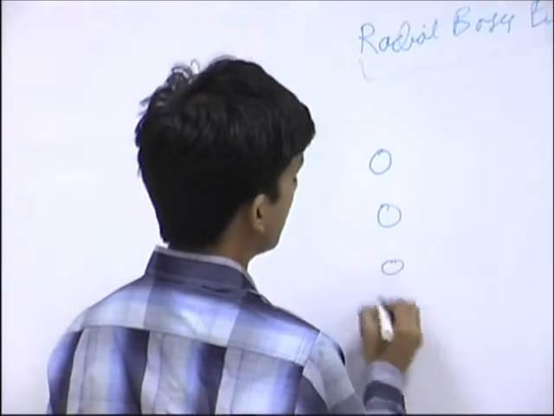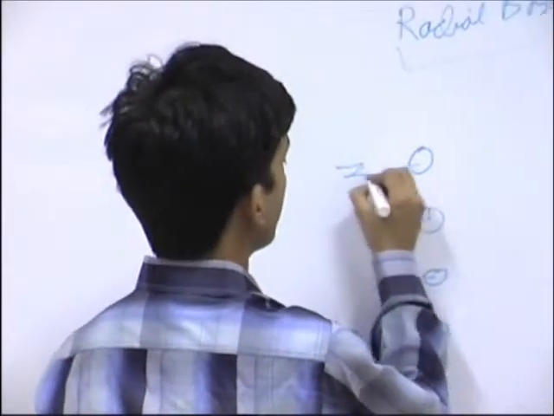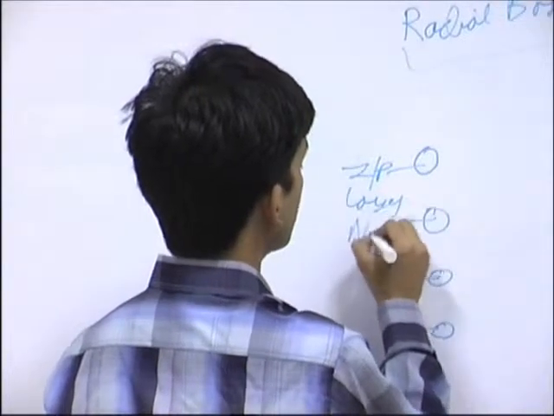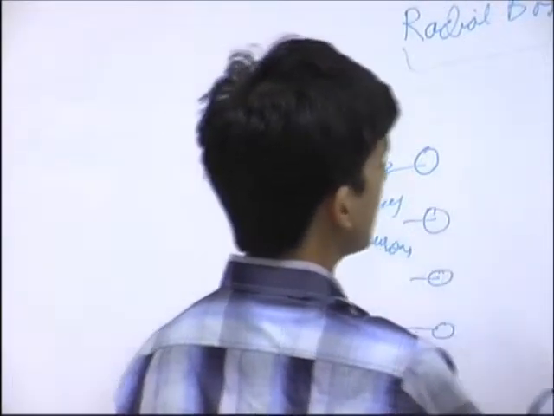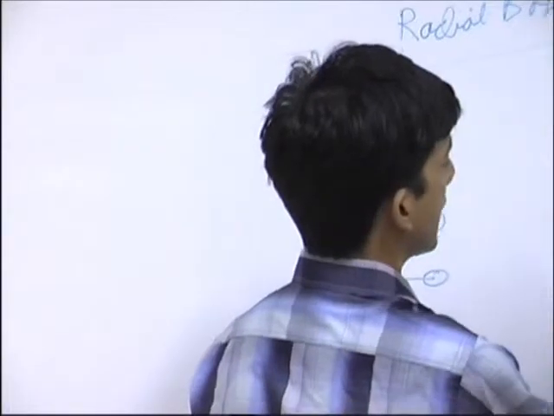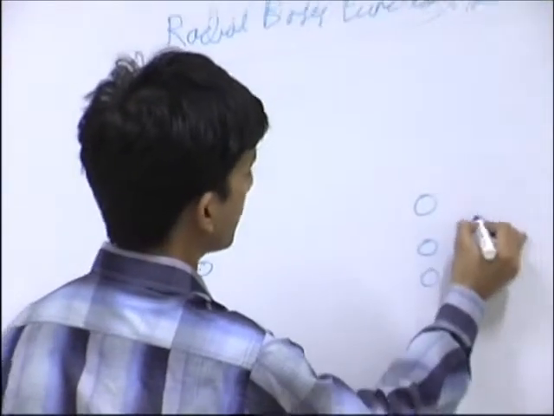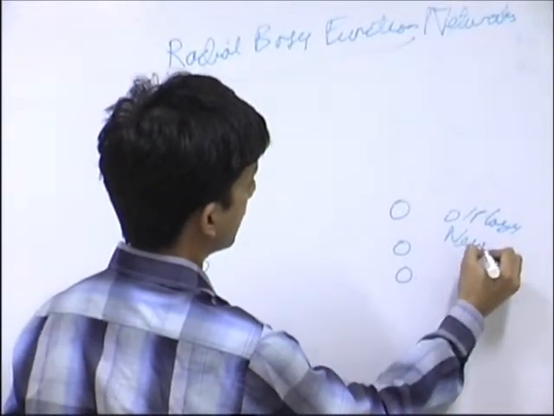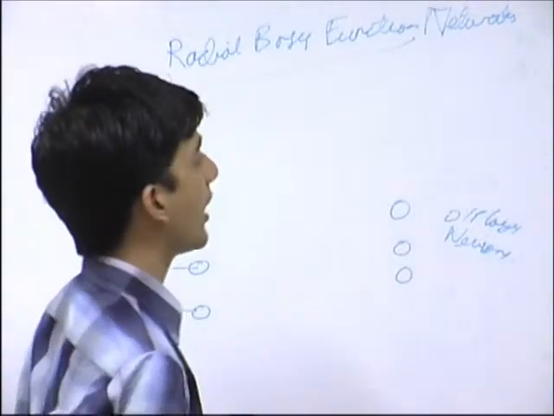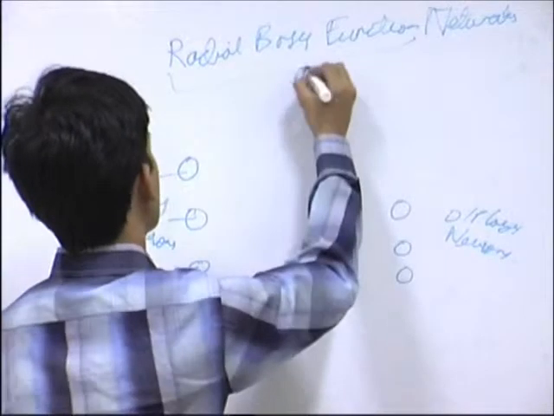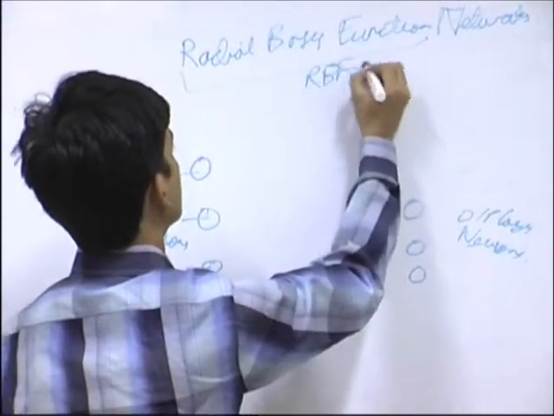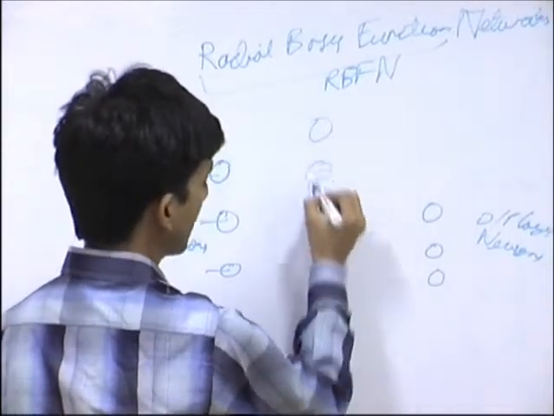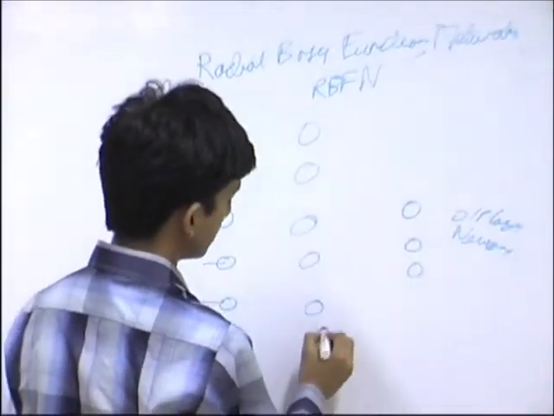So the architecture will be some input layer neurons over here, some output layer neurons over here. Now the RBFNs, as they are called, have just one single hidden layer.